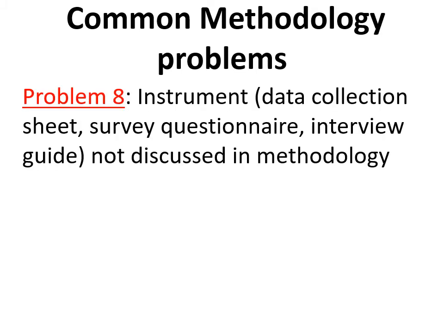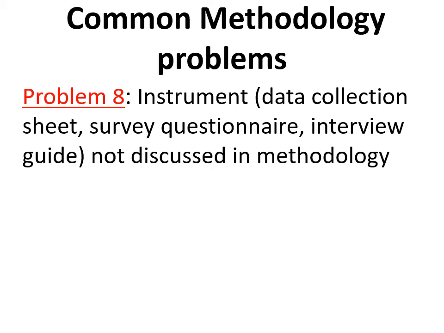Another problem, problem 8, is that the instrument is not discussed in the methodology. So if you are using detached observation as your means of data collection, you would want to include a data collection sheet and briefly talk about what are the things being measured that are going to be recorded on that data collection sheet, and why is that important for answering your research question.